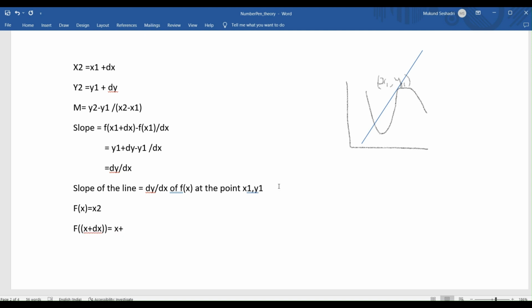So (x plus dx) whole square minus x square, and do a whole bracket of this, divided by dx, right? I hope you folks are with me.